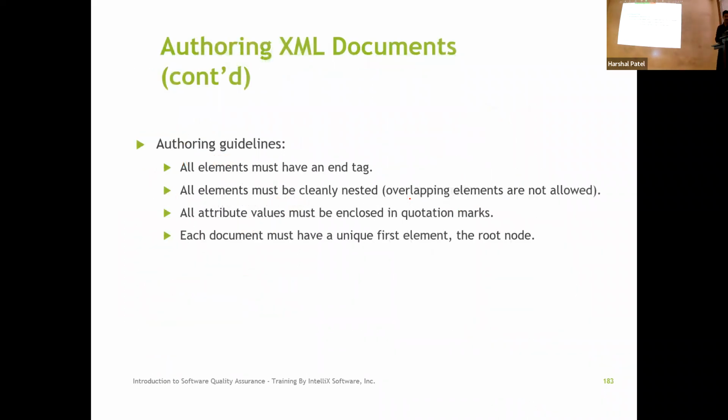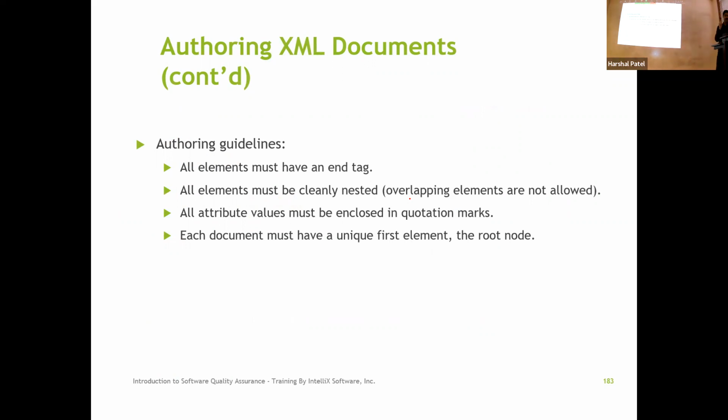Okay. So here are some of the rules for XML, right? We talked about how everything has to have an end tag. They have to be cleanly nested, which is last in, first out.